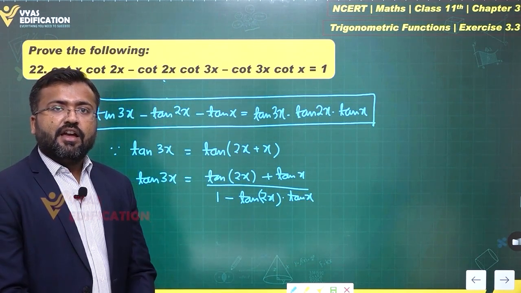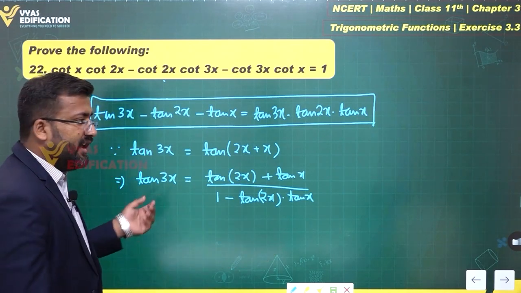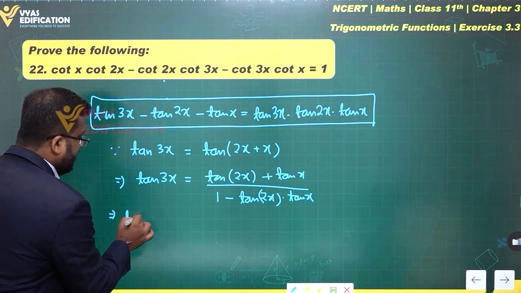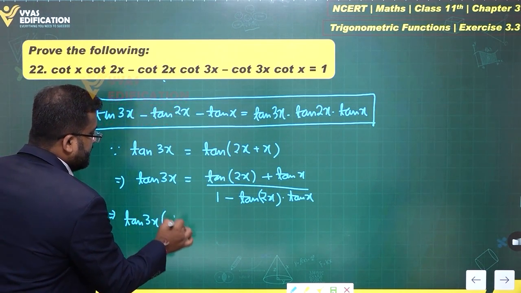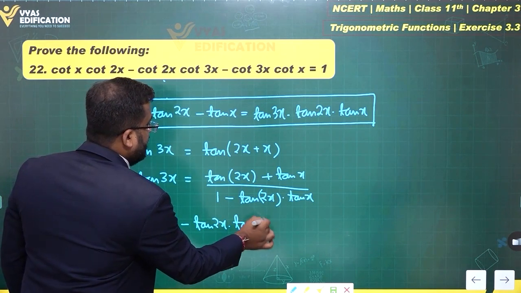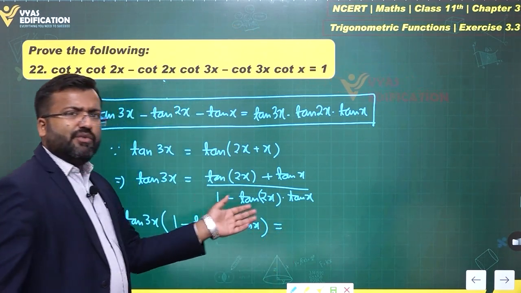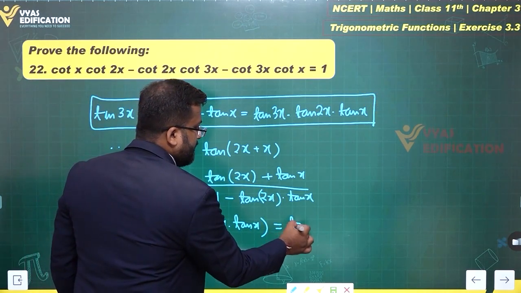What next? Let's cross multiply this. Let's bring this denominator over here. This will come in the product, and tan 3x times 1 minus tan 2x tan x is the denominator over here. What about the RHS? RHS will be tan 2x plus tan x.